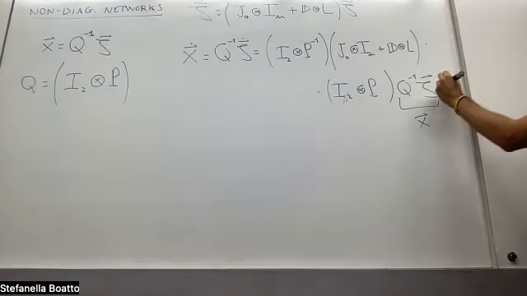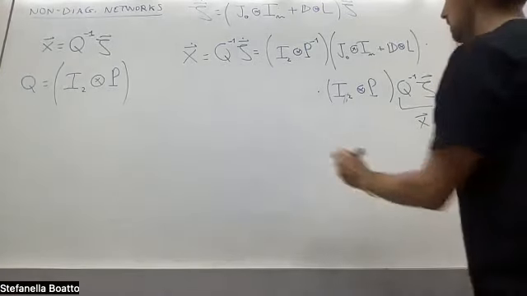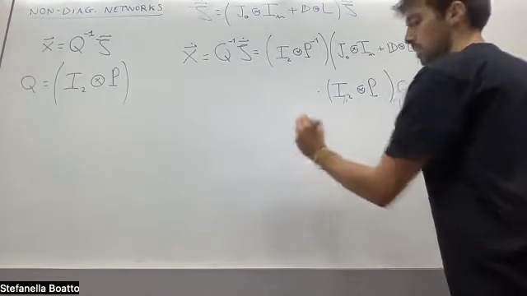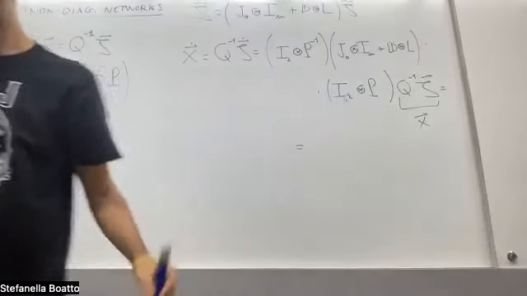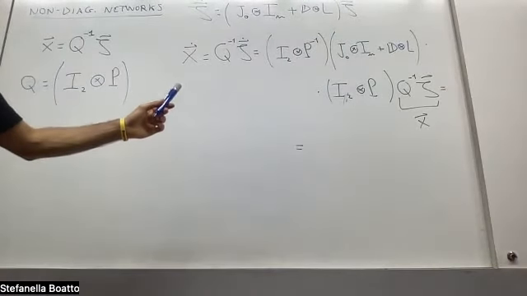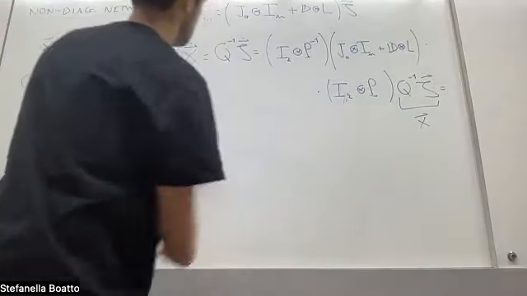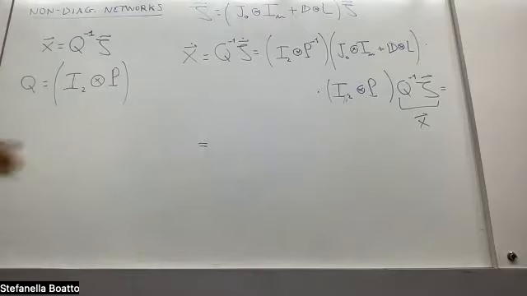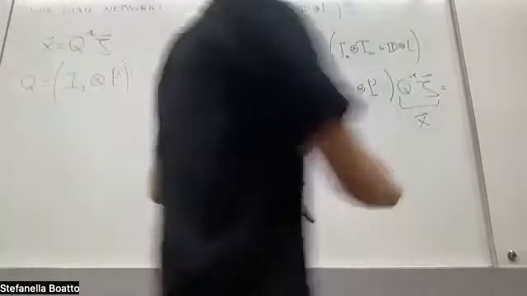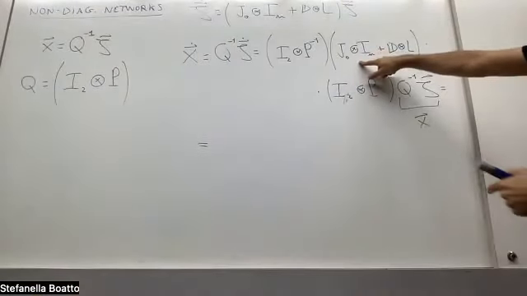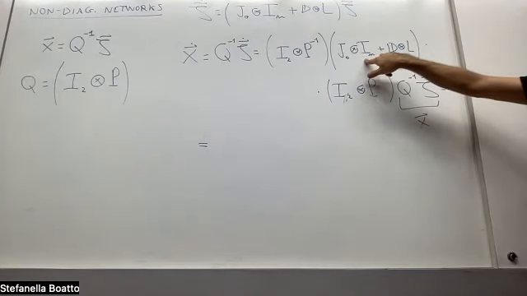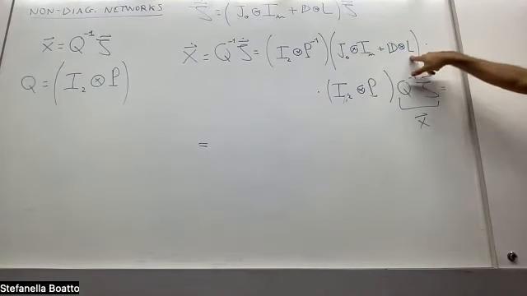Now all these, I will show you in a second, does not have any effect on J0 times the identity, but it does on the Laplacian.